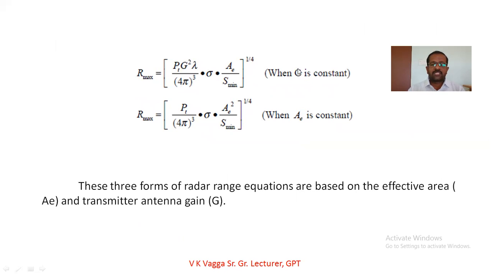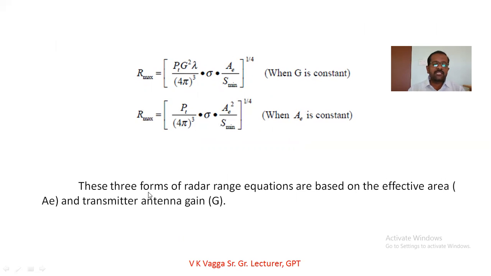in which the gain G is assumed to be constant. And another equation can be considered as R max is equal to PT divided by 4 pi square into sigma into AE square divided by S min, the whole to the power of 1 by 4, in which AE, the effective area of an antenna, is assumed to be constant here.